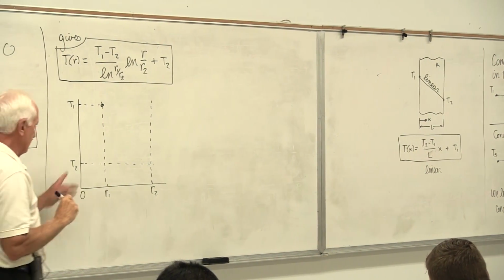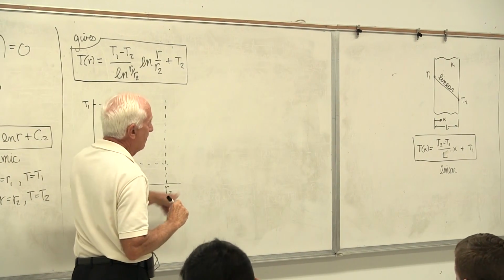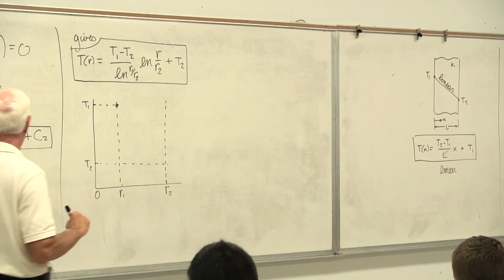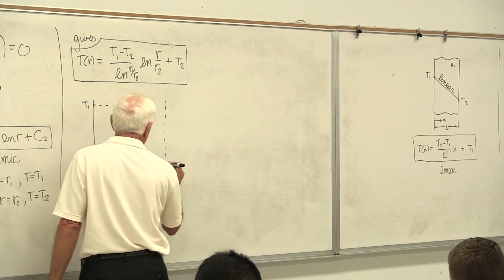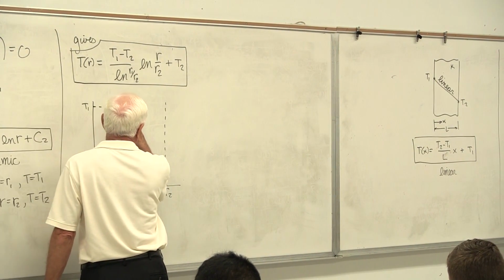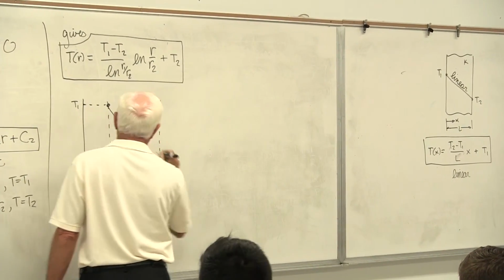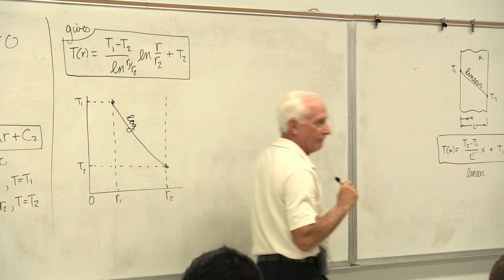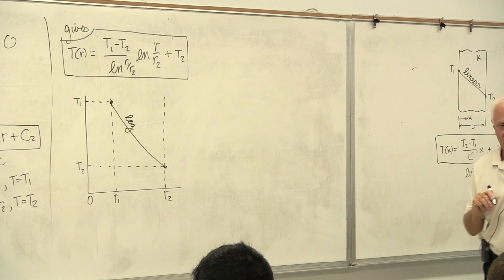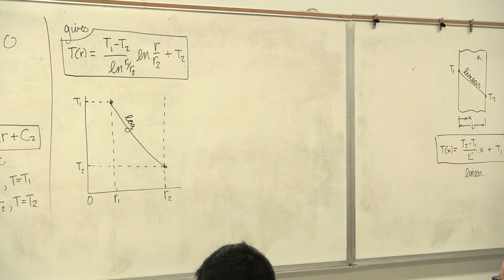We go to temperature T2 at r equals r2, but it's not linear. Here are the magic words: it's got to be logarithmic. There's how the curve looks. It's a log-shaped curve. Major difference between a pipe and a plane wall.